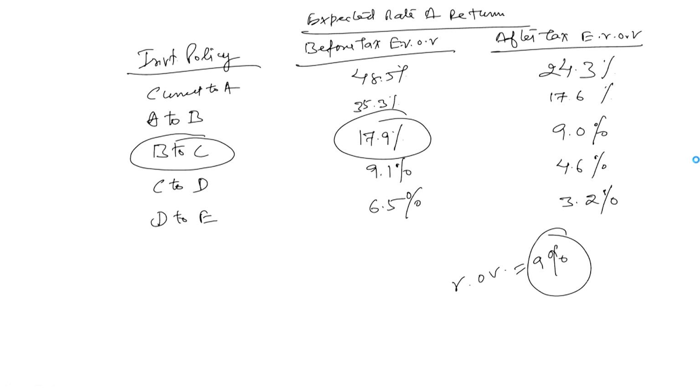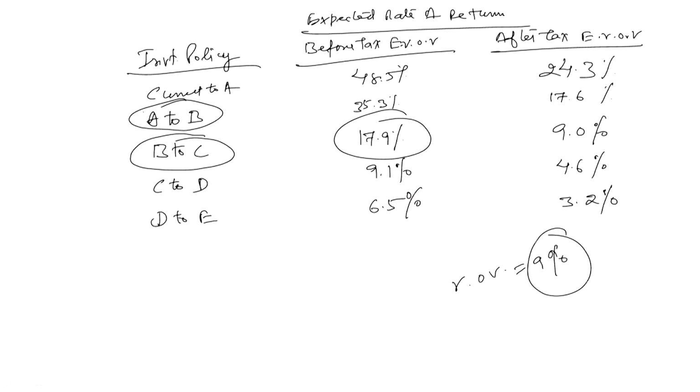In that case, it may be better to be on the safer side, and if you want to be on the safer side, you can reach this level A to B and earn this rate of return. The expected rate of return will be 17.6%, which is much higher than this 9% required rate of return.